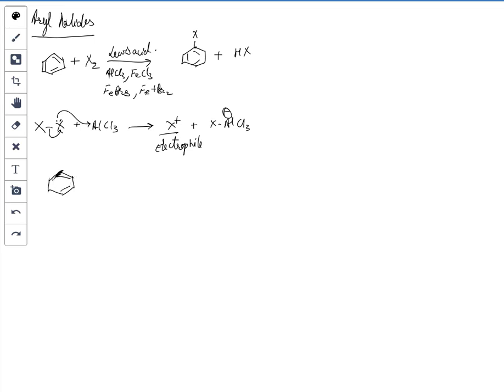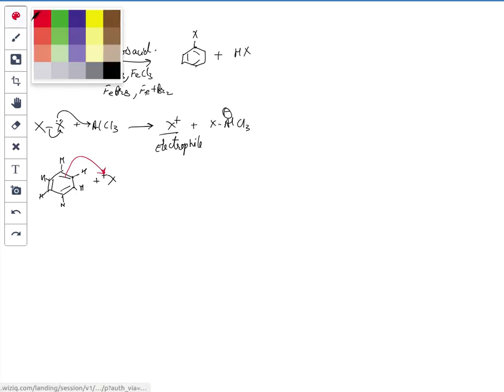Okay, benzene ring is an electron rich species. Here we have the benzene ring, and it has hydrogens along with it. Now it is having X plus. So this bond shifts over to the halogen.